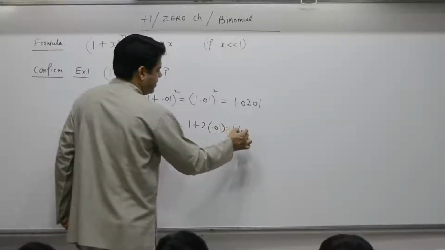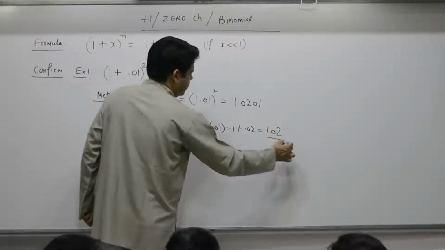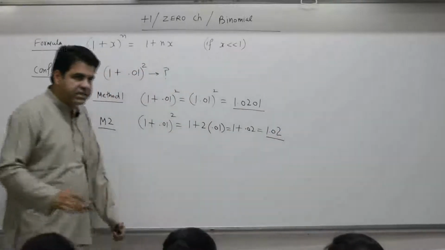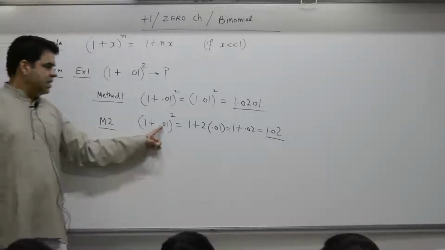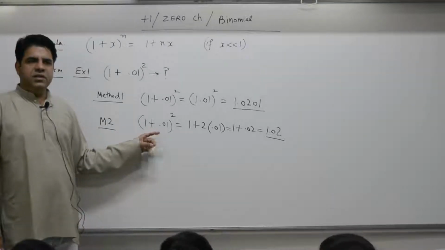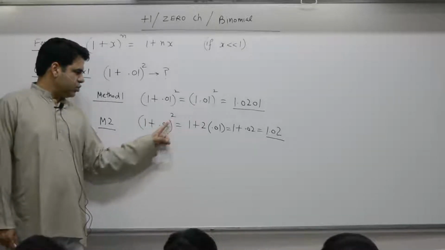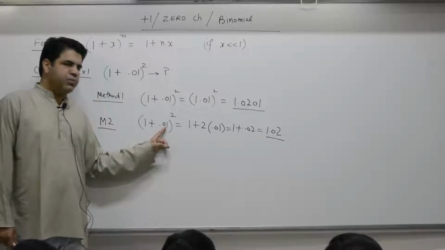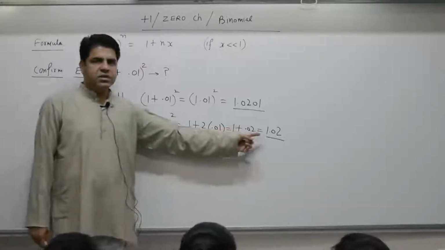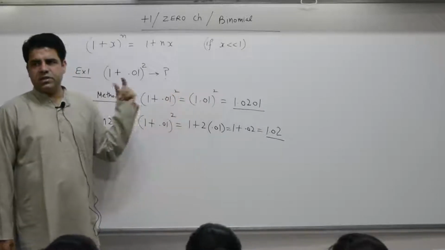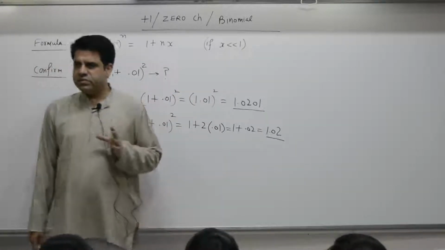It is 1 plus 0.02, 1.02. These two are not exactly same, but it is less time consuming. Immediately you can write 1 plus 0.01 power 2, 0.01 into 2, 1.02. So binomial expression gives you a quick answer, but it is an approximate value.